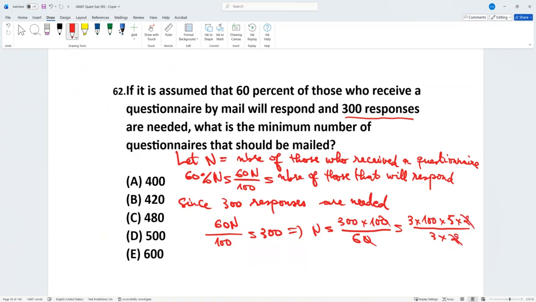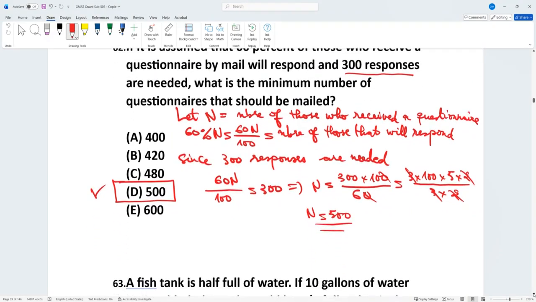So 2 will cancel, 3 will cancel, n is going to be equal to 500. You see? So answer D is the correct answer in this case. So that's how you find the solution to this question particularly. Now let's go to question number 63.